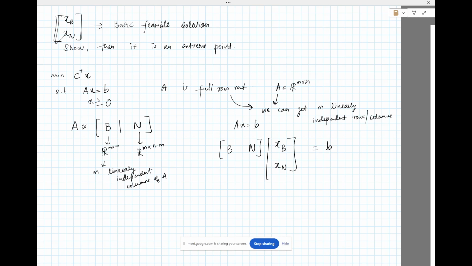These are the variables which get multiplied with B. These are the variables which get multiplied with N.